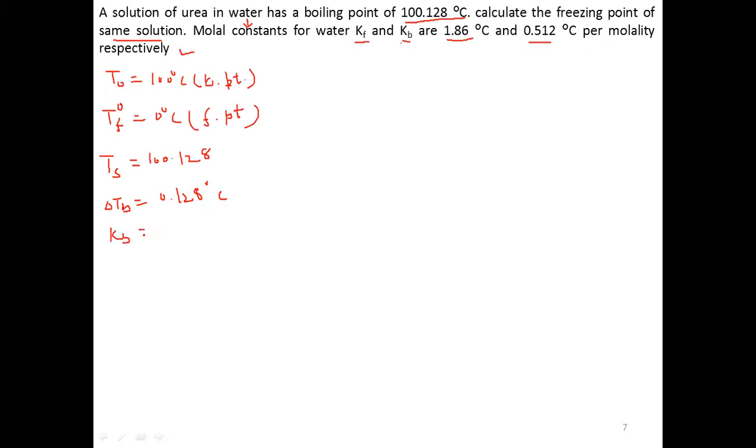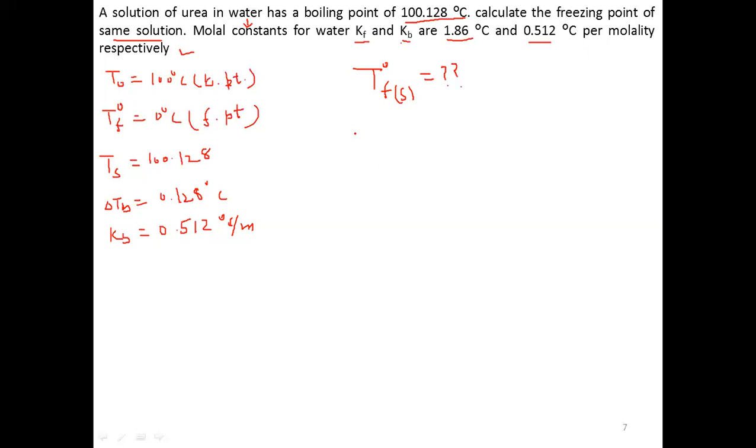Kb is given as 0.512, and the units are degree C per molality. Now we have to calculate the freezing point of the solution, Tfs. That is our question mark.